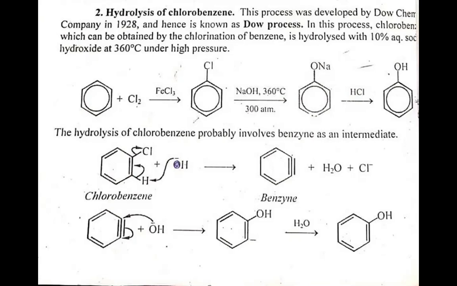hydroxide. But chlorobenzene is not present naturally. We have to first prepare chlorobenzene, and this chlorobenzene can be prepared by halogenation of benzene. Halogenation of benzene is carried out by treatment of benzene with chlorine in the presence of a Lewis acid catalyst, that is ferric chloride, FeCl3, or aluminum chloride may also be used in this process.